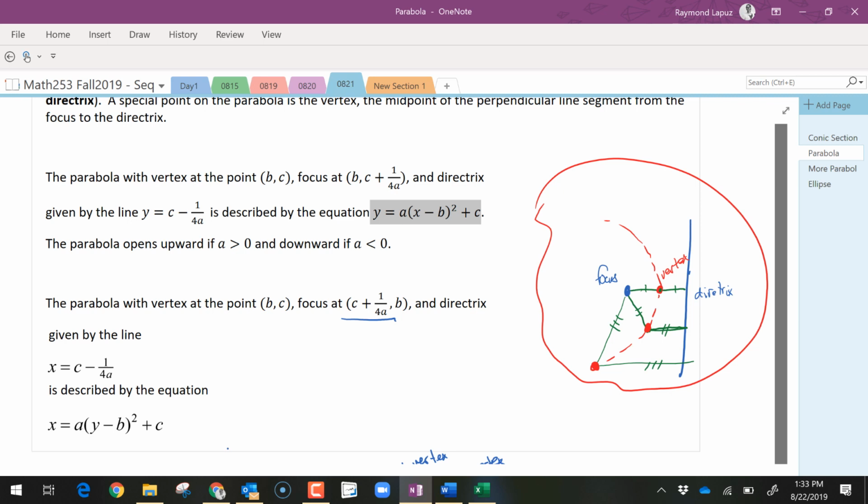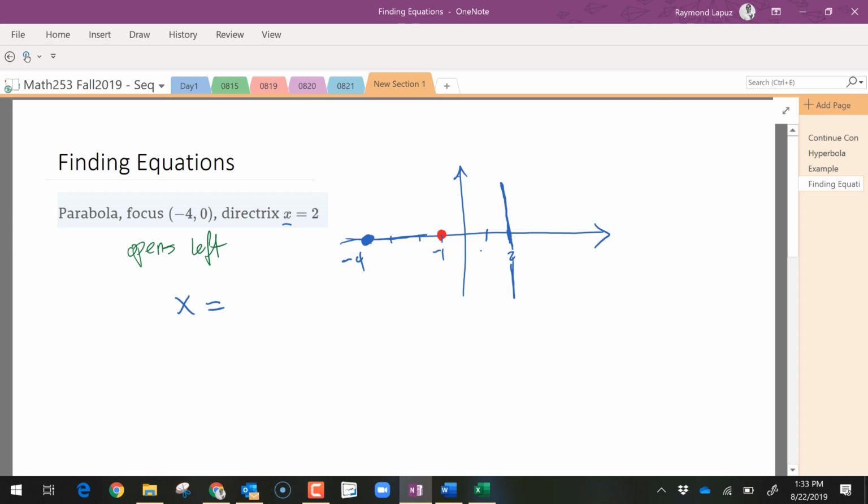So basically this equation down here. So x is equal to a times (y minus h) squared plus k, where h and k is going to be the vertex. Is it the vertex? Yeah, it's the vertex.